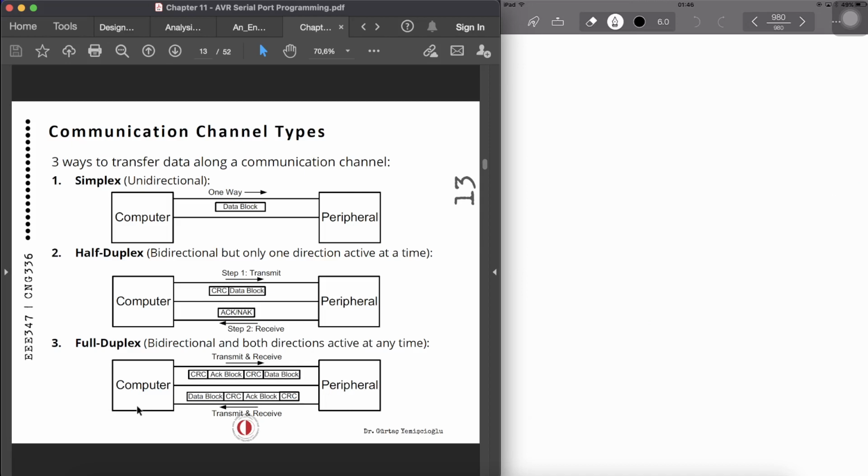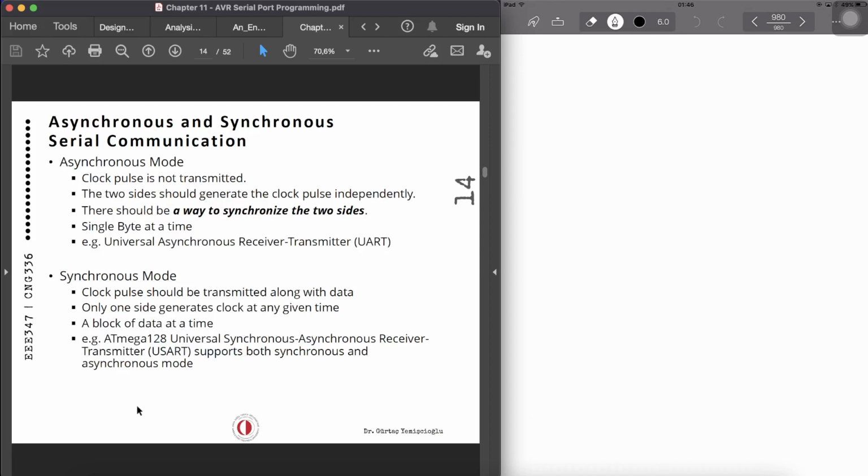Now, when we talk about serial communication, we actually have two alternatives: either synchronous or asynchronous serial communication. If you remember from logic design, synchronous works with the clock, asynchronous works without the clock. So the clock pulse is not transmitted, and the two sides should generate clock pulses independently, but they have to be synchronized somehow, or there will be a protocol. Otherwise, there might be a clash and there will be some problems.